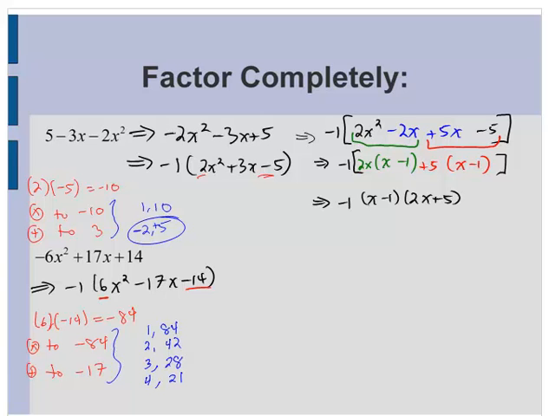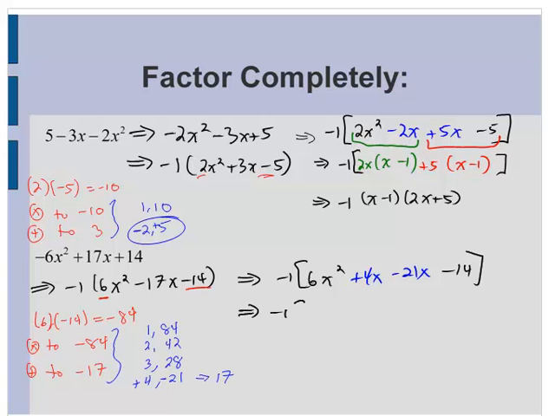I'll stop there because that's the pair that I need. 4 and 21, since they have different signs, these have a difference of 17. And let's see, we would need a positive 4 and a negative 21. So 6x squared, negative 1 times 6x squared plus 4x minus 21x minus 14.